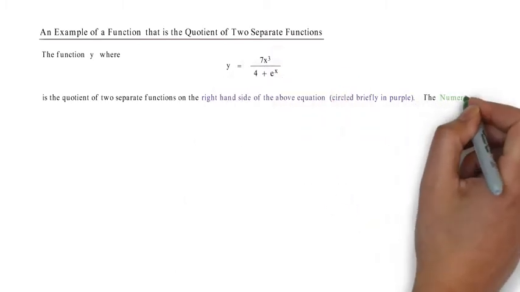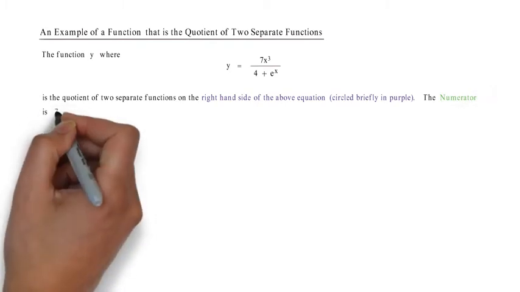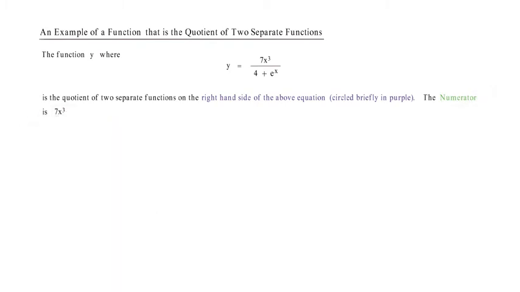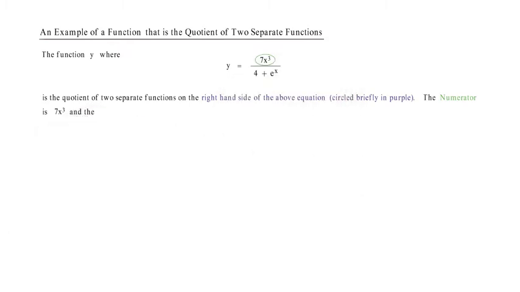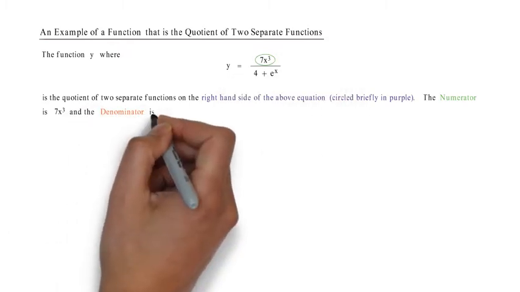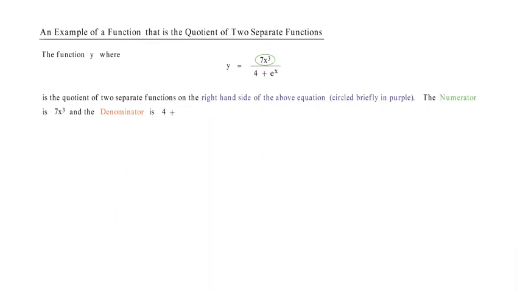The numerator is 7x cubed and the denominator is 4 plus e to the x.